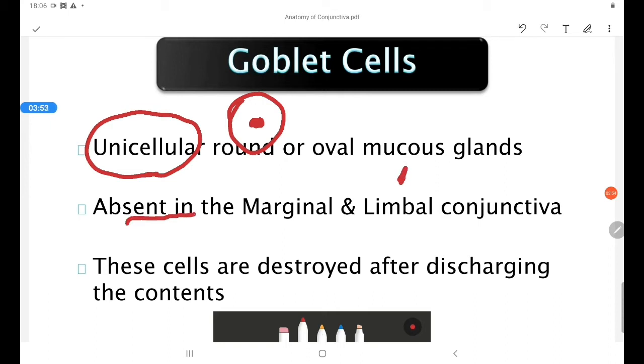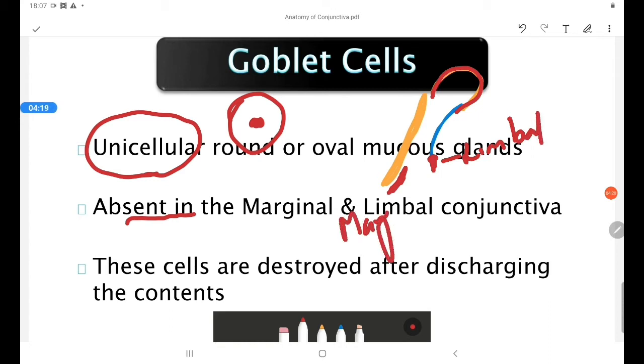That is, let's say this is the palpebral part of the conjunctiva and this is the bulbar part of the conjunctiva and this we know is the fornix. So we should know that goblet cells are not present at the marginal end, neither at the limbal end.